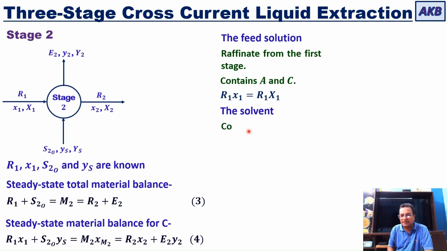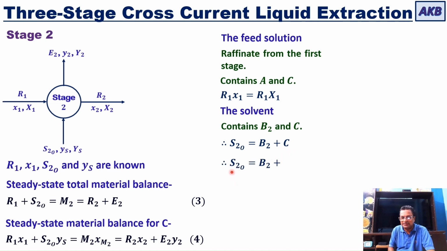Now let us look at the solvent. It contains B2 and C in it. Since the solvent is admitted to stage 2, it will be containing B2 and C. Therefore S20, mass of solvent, is equal to mass of B2 plus C. That is S20 is equal to B2 plus Ys into S20, because that is nothing but mass of C in the solvent.